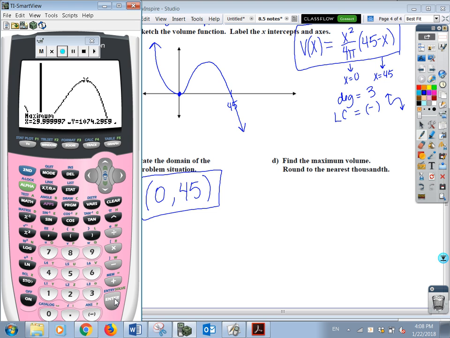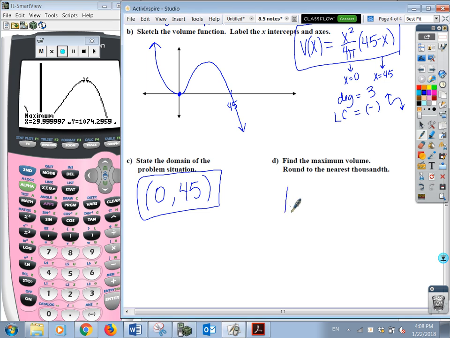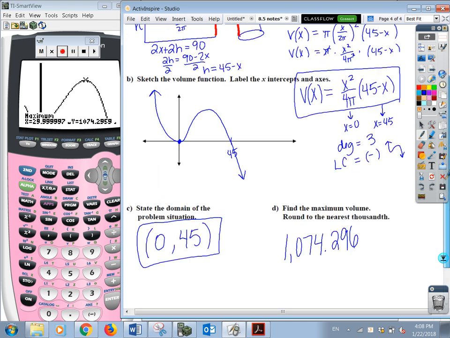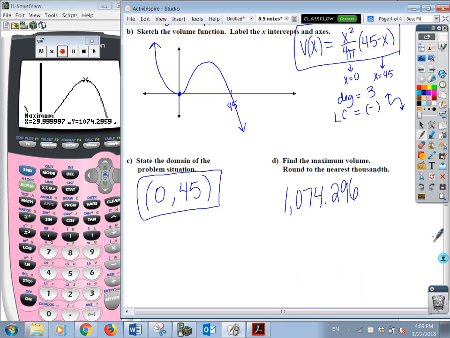We're looking for the maximum volume. If the x is 29.999, which would be 30, then we get our maximum volume. So our maximum volume would be 1074.296, and we are in centimeters cubed. Very important that you put these things into the calculator correctly.